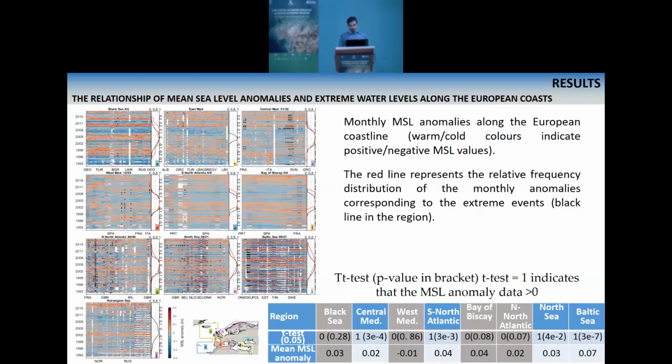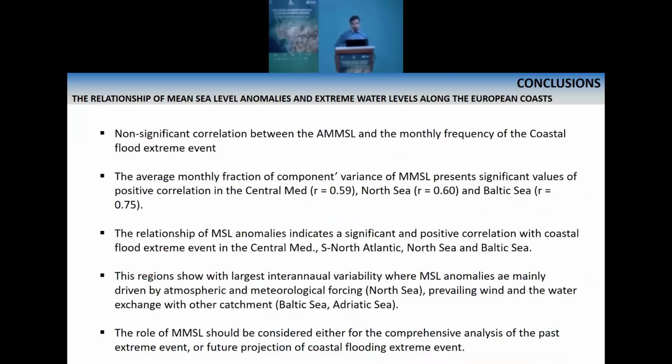This positive correlation is significant in the central Mediterranean, in the North Atlantic, in the North Sea, and in the Baltic Sea, giving us the idea that these few centimeters are important. There is a specific relationship. Usually this mean sea level is not considered dynamically in climate projections, or even in analyses with numerical models, such as 2D barotropic models. So this is important to consider.